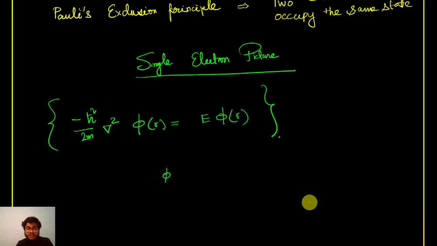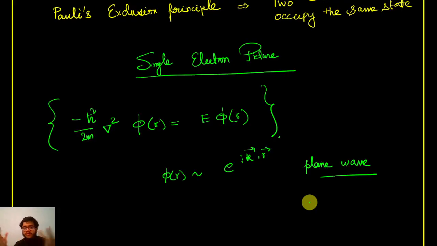And what is the solution of this kind of equation? The solutions are generally of the form e to the power i k dot r. That is pretty much the solution of this kind of equation. It's called a plane wave solution because it's like a wave which is moving and which is completely delocalized.